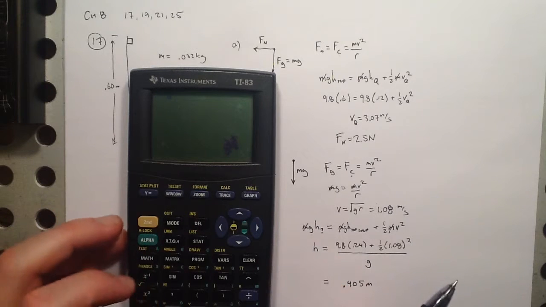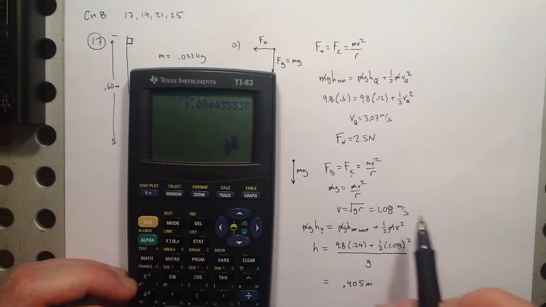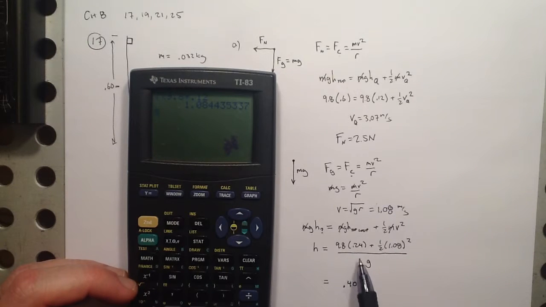So we went square root of gr. That's right. And then that's the height at the top of, oh, wait a minute. No. No, that's right. Let me just try to run through that again. 0.8 times 0.24.